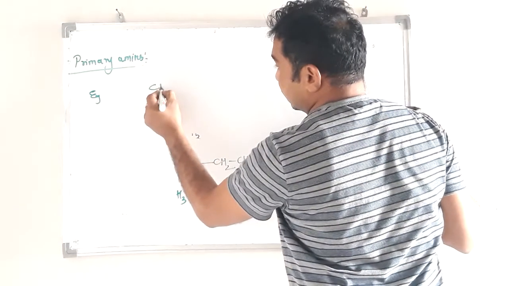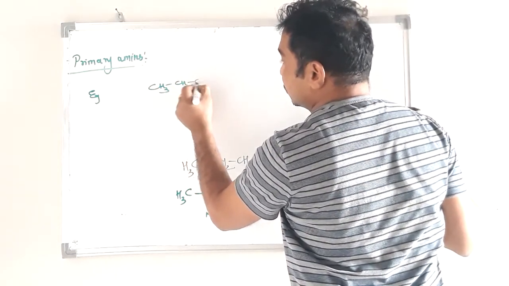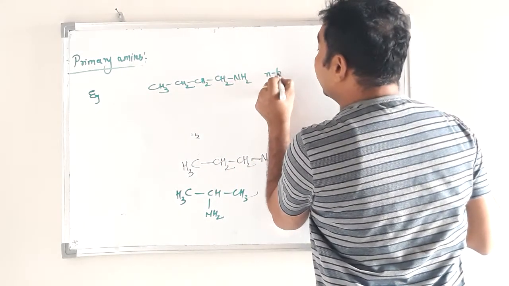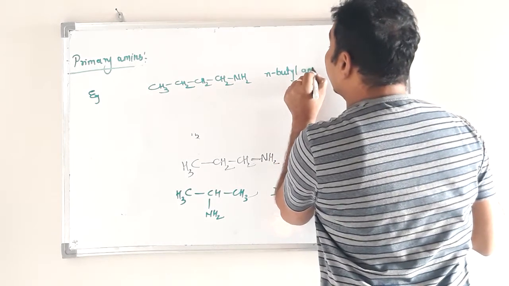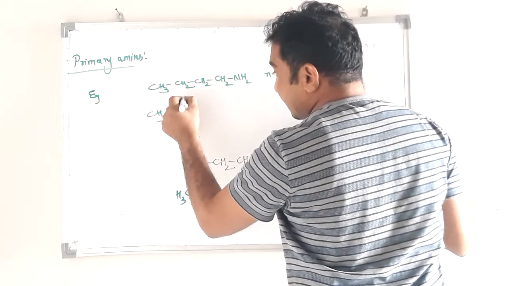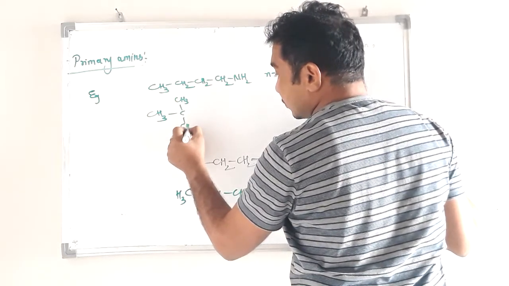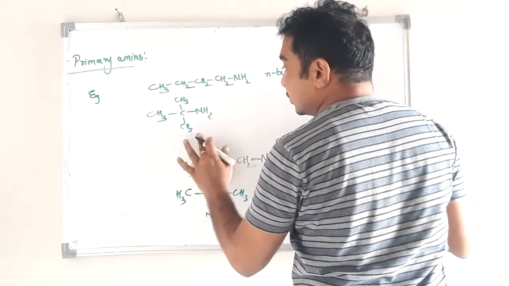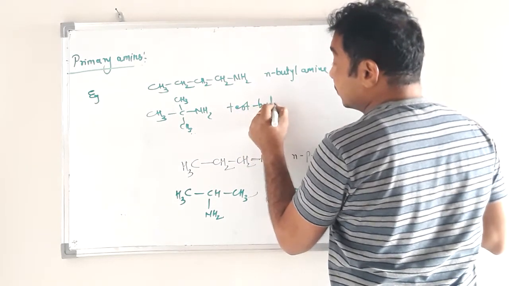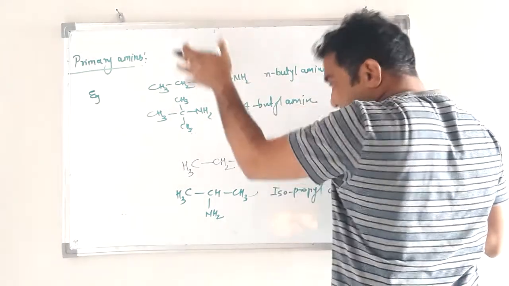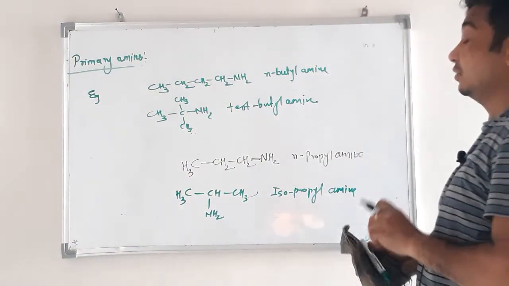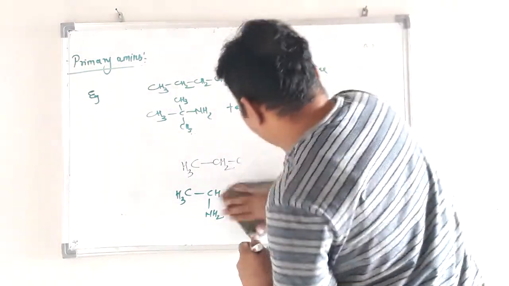Again, one more, CH3, CH2, CH2, CH2, NH2, that is N-butylamine. This is CH3, CH3, CH3, tertiary butylamine, and so on. All these are aliphatic amines because the NH2 group is attached to an aliphatic hydrocarbon. So that's why all are aliphatic.